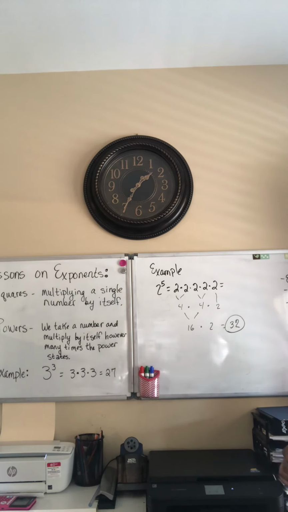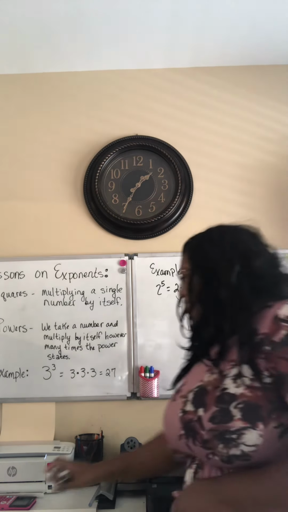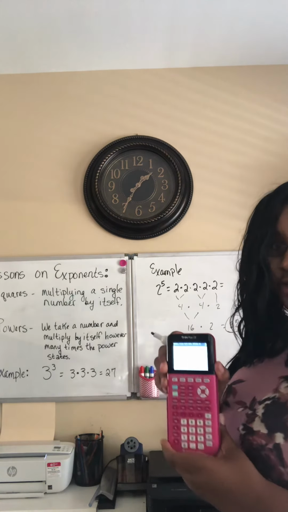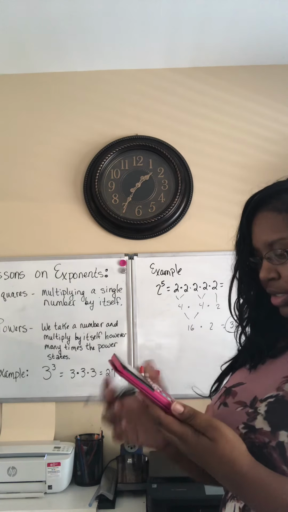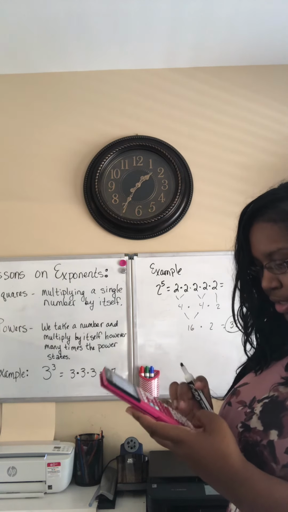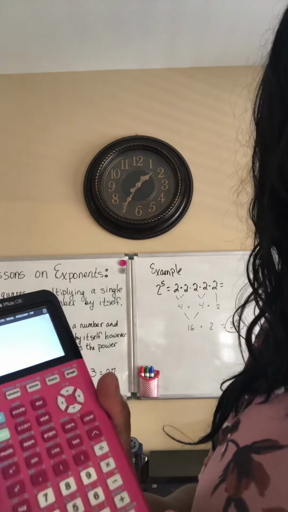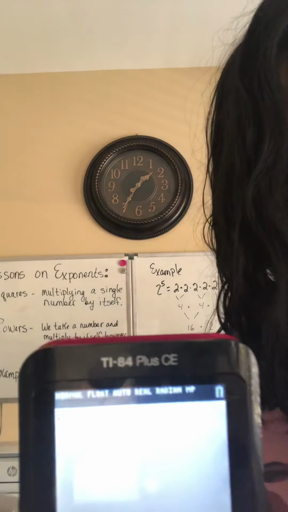Now, if you have a calculator, I have the handy dandy TI-84 Plus. For this one, all I have to do is type in a 2. I don't know if you can see that on the screen.